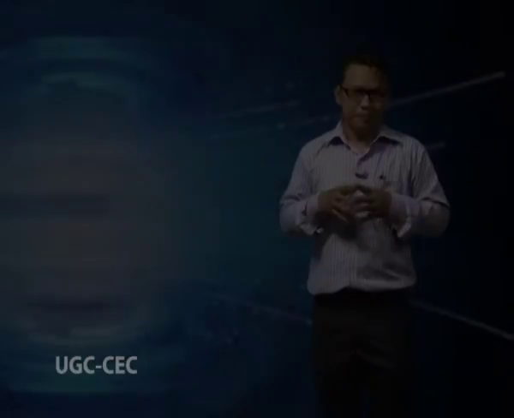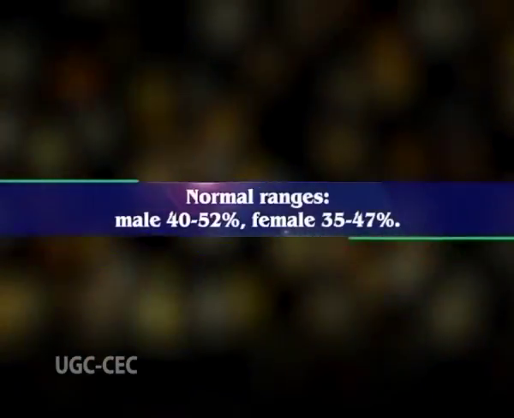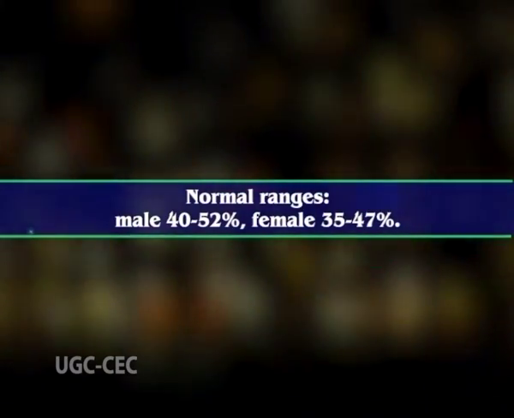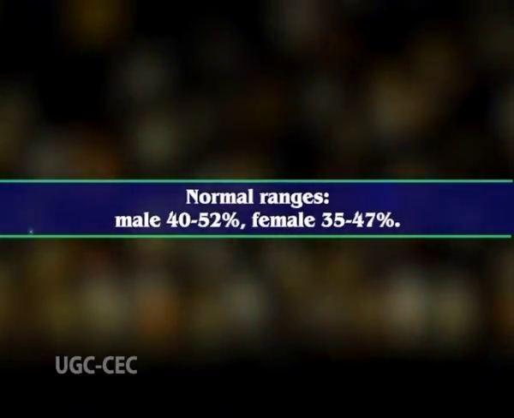The hematocrit is the volume of red blood cells in the body. A hematocrit test measures the ratio of RBCs in blood, the fraction of the blood that is made up of RBCs. It reflects the combination of the total number of RBCs and the volume that they occupy. Normal ranges: in males it is 40 to 52%, in females it is 35 to 47%.